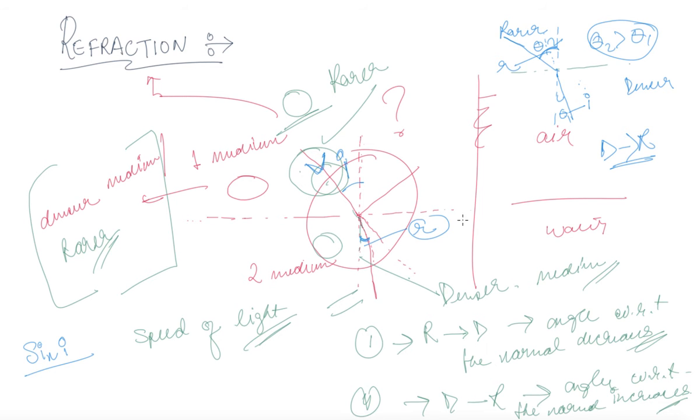This is being refracted, so this is the angle of refraction. So sin i, the angle of incidence, by sin r, the angle of refraction, is always equal to n2 of 1, which you can understand as the refractive index.